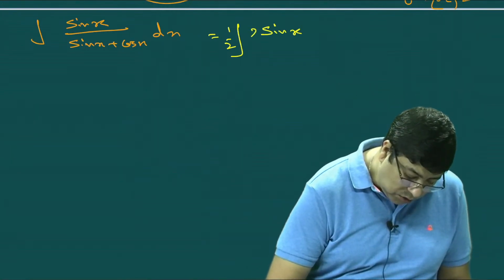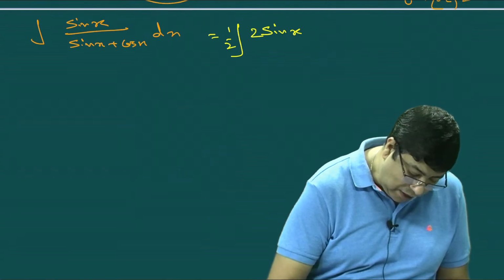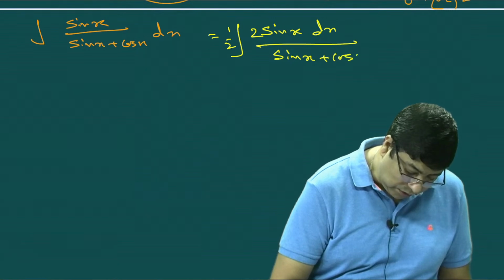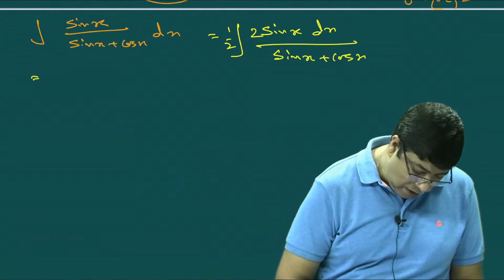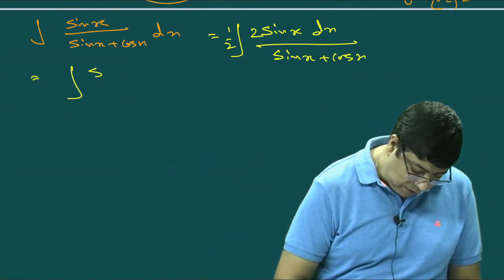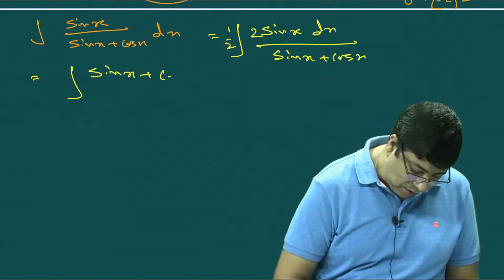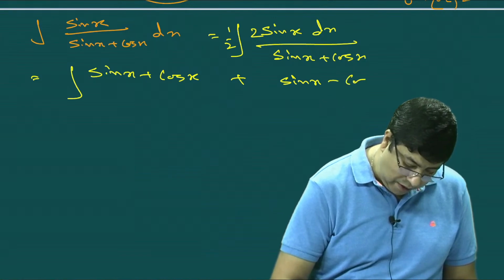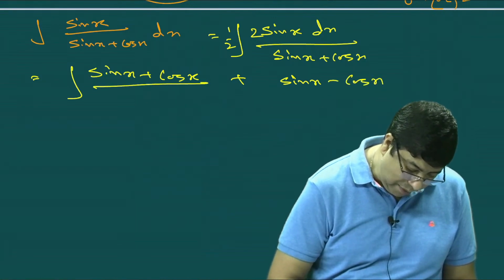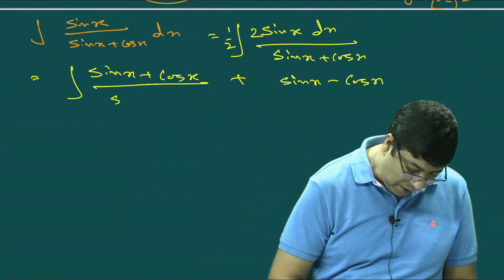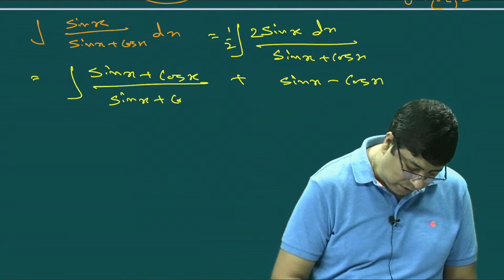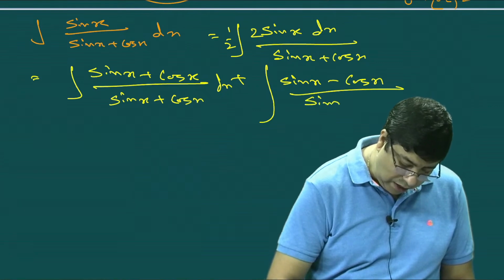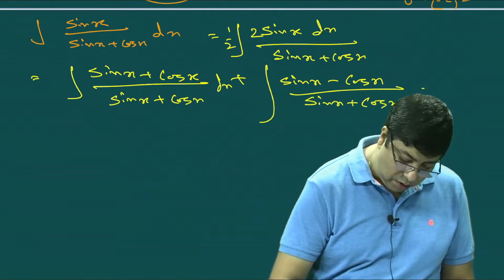Sin x, this is 2 sin x dx by sin x plus cos x. Now we apply here sin x plus cos x plus sin x minus cos x, and separate: sin x plus cos x dx, similarly sin x minus cos x dx.